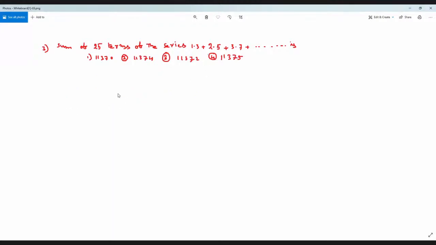Sum of 25 terms of the series 1 into 3, 2 into 5, 3 into 7, and so on. Here, first term is 1 into 3, second term 2 into 5, third term 3 into 7. Okay, na?